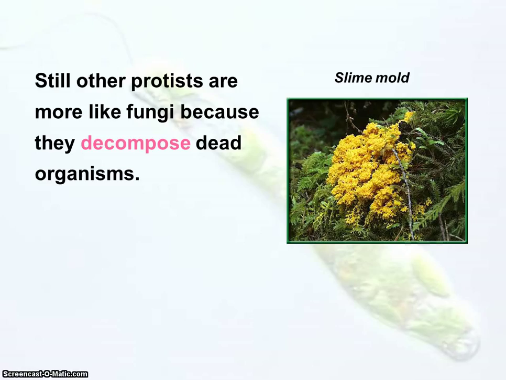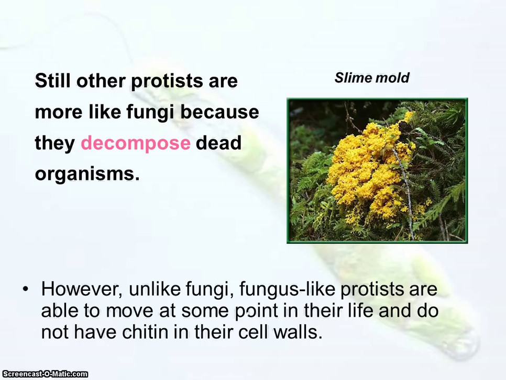There are other protists like fungus. They're going to be considered fungus-like. Okay. They decompose dead organic matter that is found within the aquatic environments, and these are going to be our fungus-like protists. An example would be a slime mold.